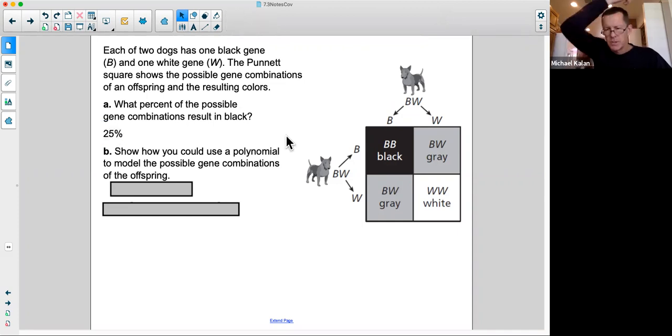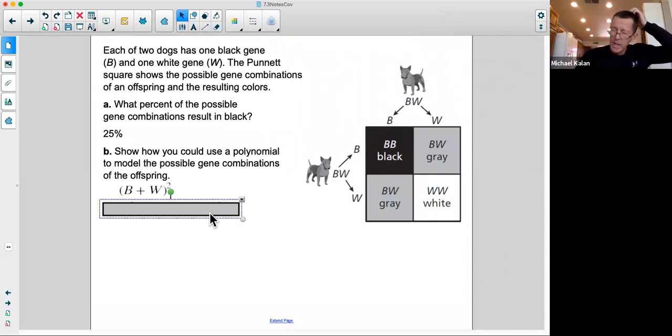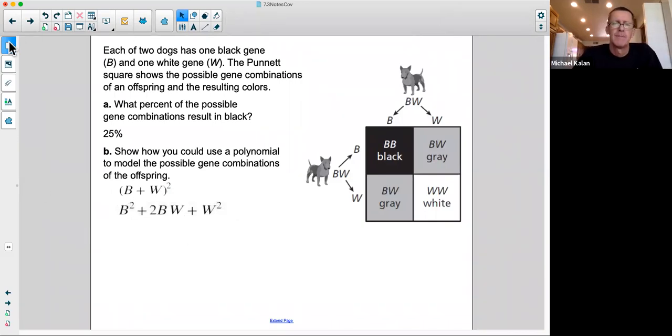So we don't have a dominant gene here necessarily, okay? And again, how would we model this? Well, isn't this the same as B plus W, quantity squared? Square it quickly, and there you have it. 1 where it's black, 2 where it's gray, 1 where it's white.